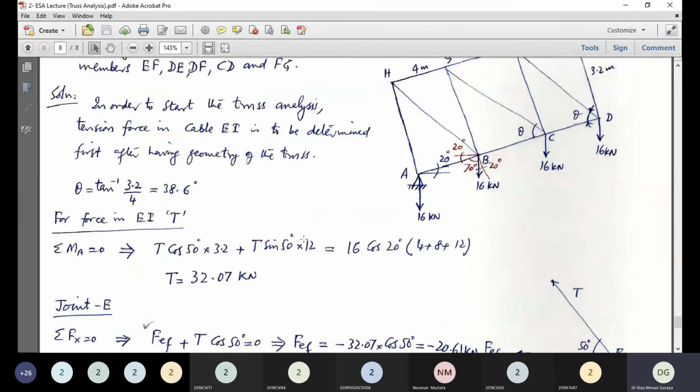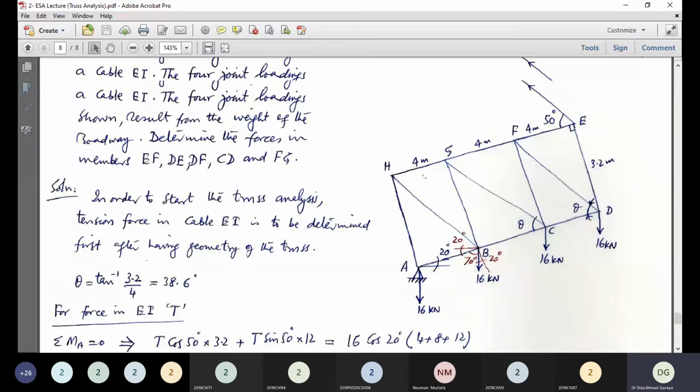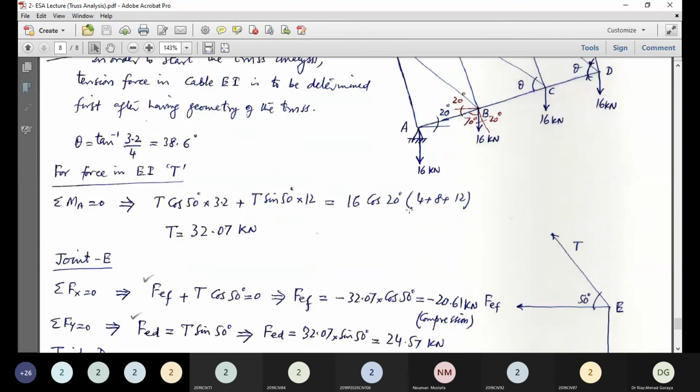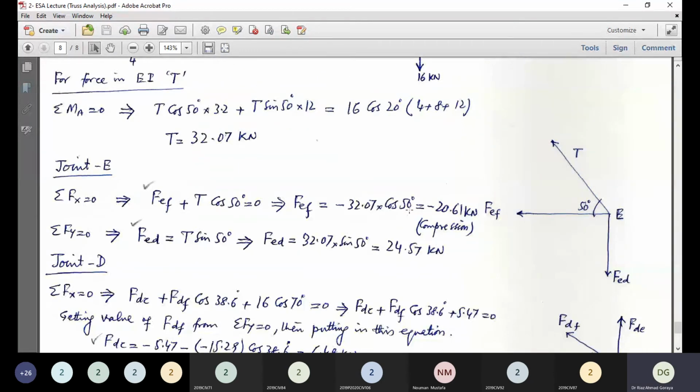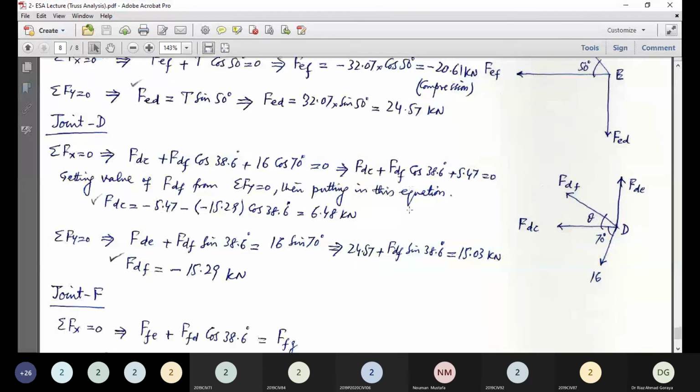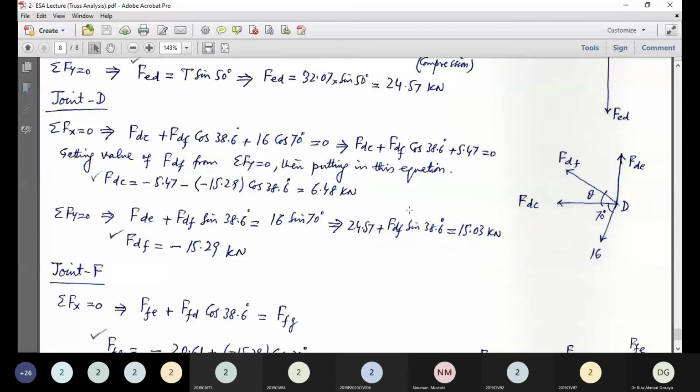So then after joint E, the next joint may be joint D. इसमें से हमने 3 ही joint लेने हैं. The orientation is this one. ये सिर्फ टेढ़ा हो जाएगा, ठीक है, बाकी सारे orientation ठीक हो जाएगी. Sigma fx FDC, ये basically exactly method of joint है.